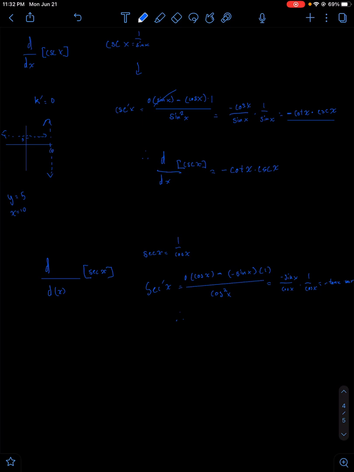Therefore, our derivative of secant of x is equal to negative tangent of x times secant of x.